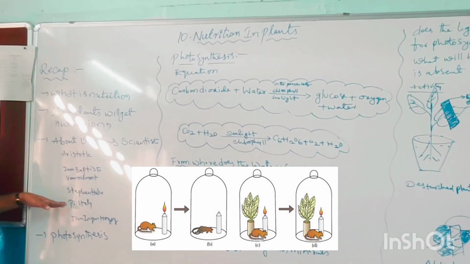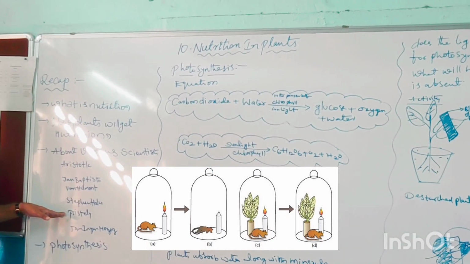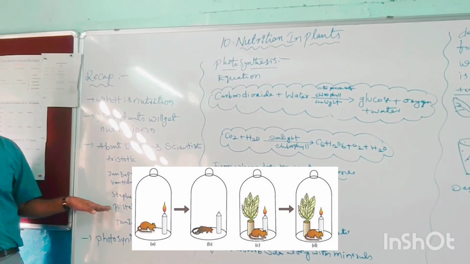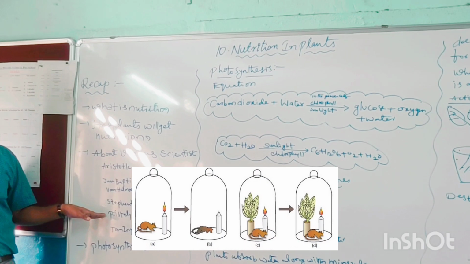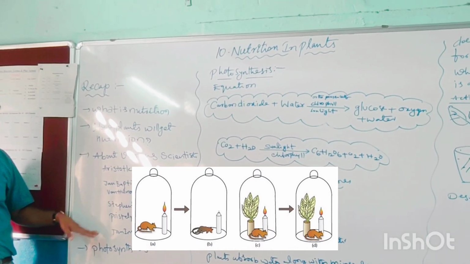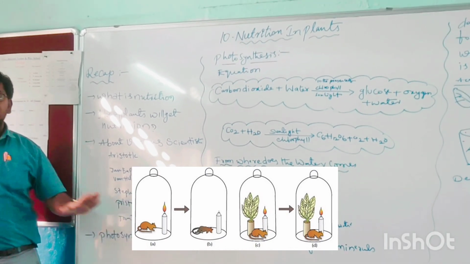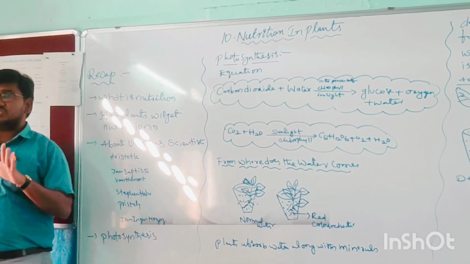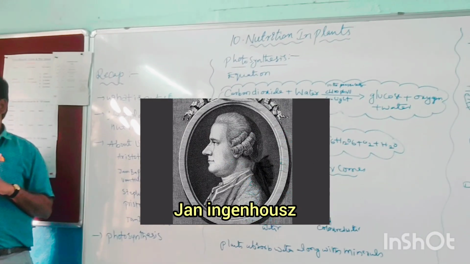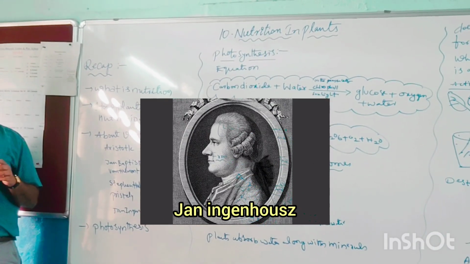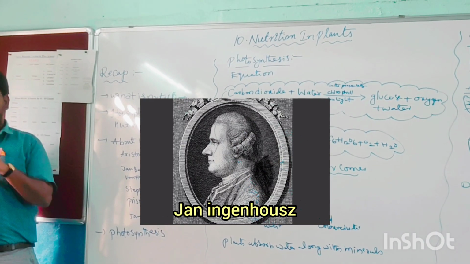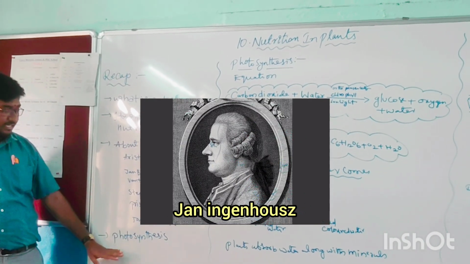That means animals release carbon dioxide, which is absorbed by the plants, and in the process of photosynthesis they release oxygen. Finally, Jan Ingenhousz gave a complete picture of photosynthesis: the raw materials, the definition, and the products of photosynthesis.